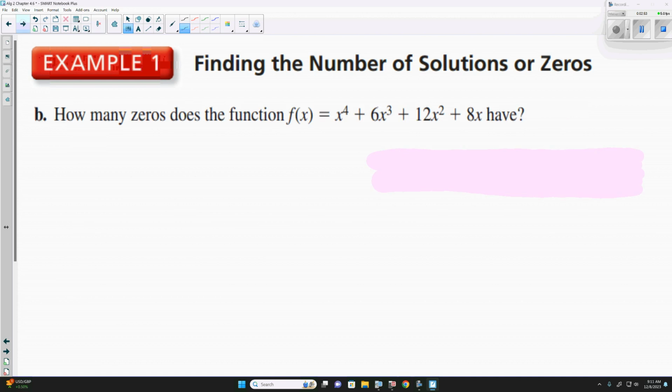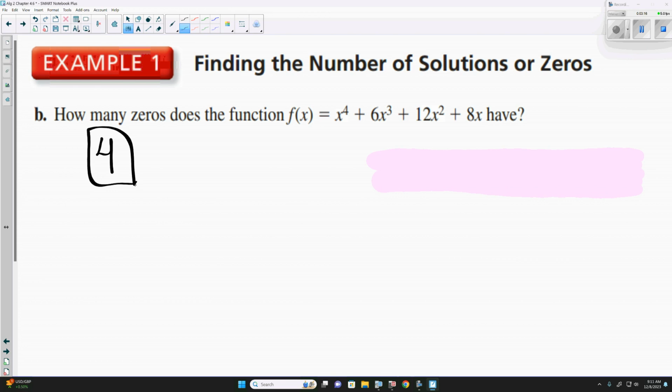Next one. How many zeros does this function have? So what's the degree? 4. Yeah, it has 1. So the number of zeros is 4.